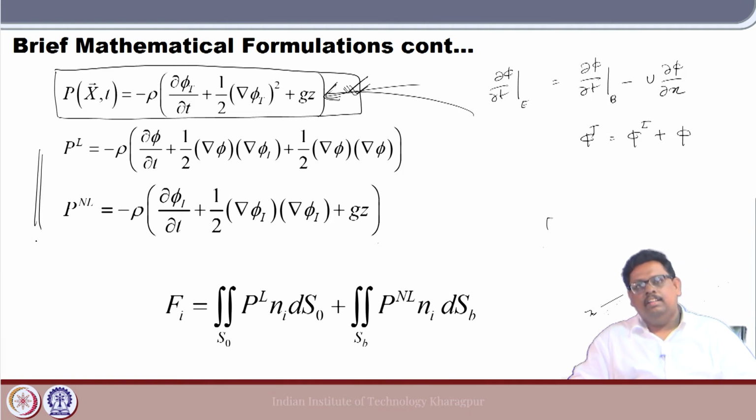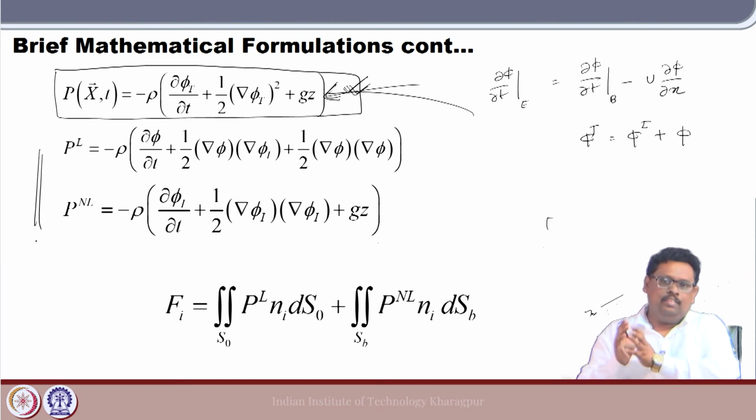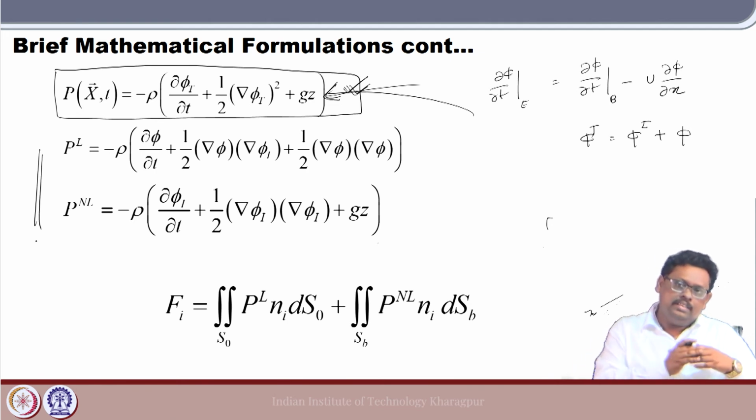As I said, when you talk in terms of nonlinearity, we really do not talk about the fully nonlinear. It is some force component, where we consider some kind of nonlinear thing. Now, what is the component that we are considering in the nonlinear part?